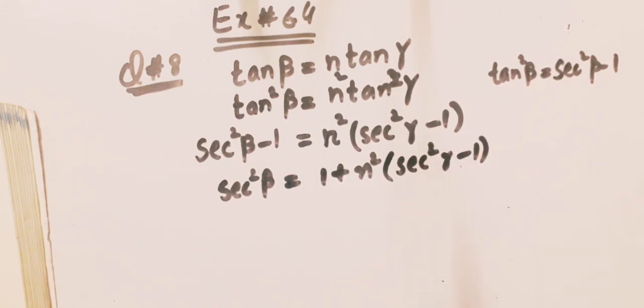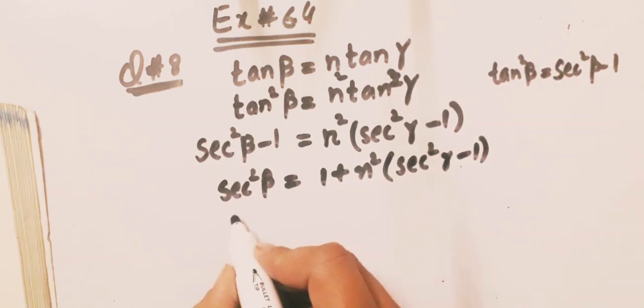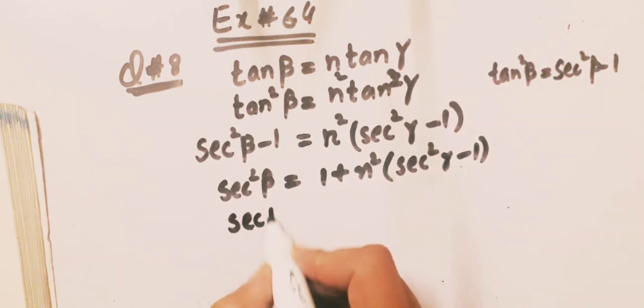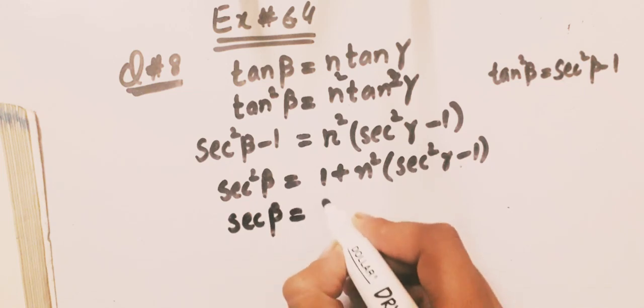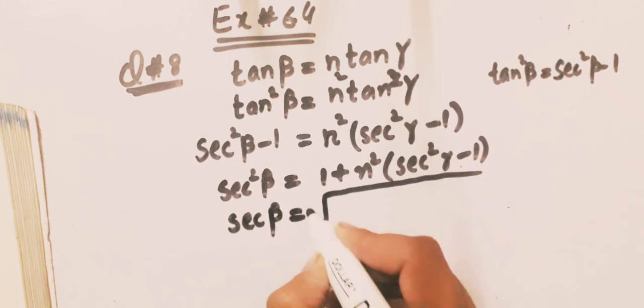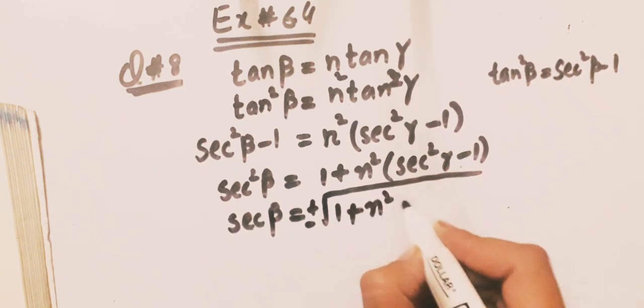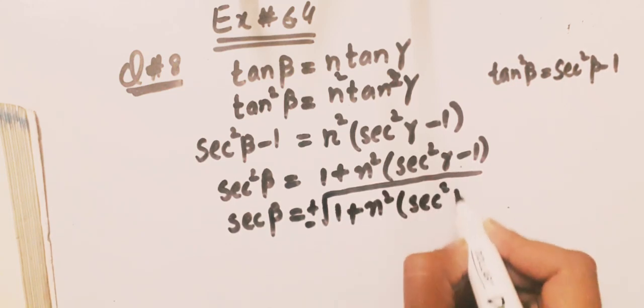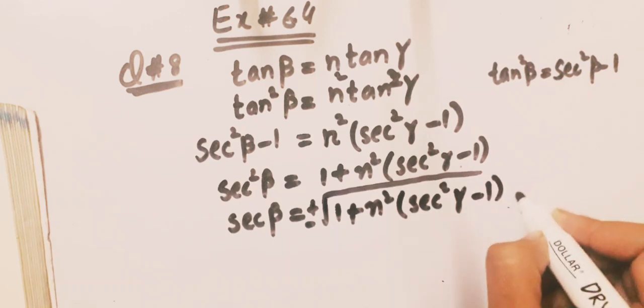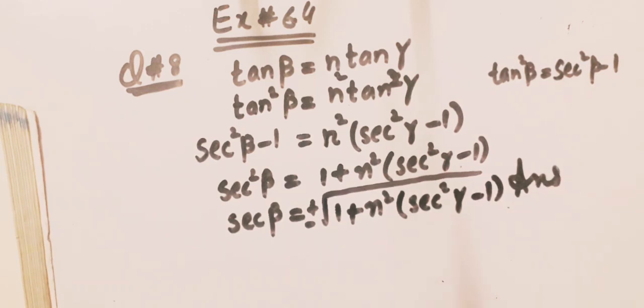So you will have secant beta equal to plus minus square root of 1 plus n square into secant square gamma minus 1. So this is the answer of this question.